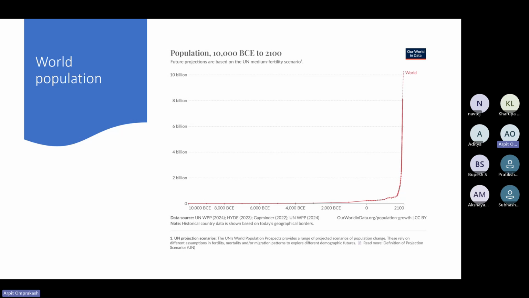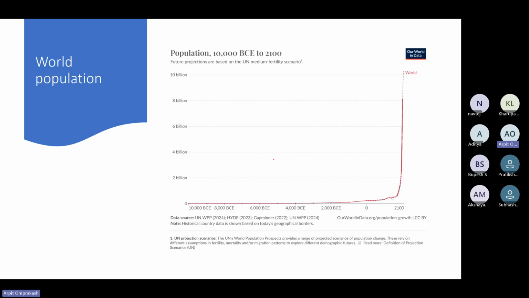Population has been rising exponentially in recent times. Earlier there were very few people on Earth, like in 10,000 BC or 4,000 BC. Even in the early years, there were not a lot of people.